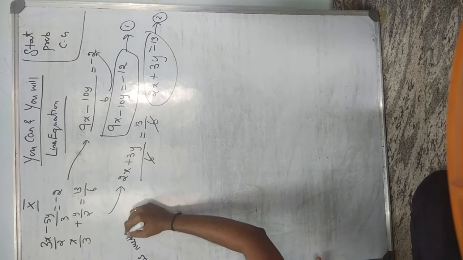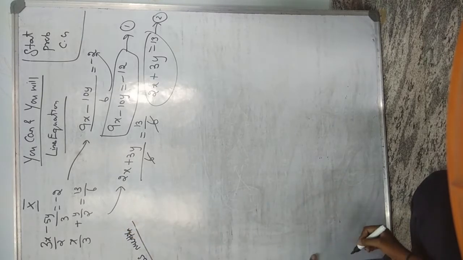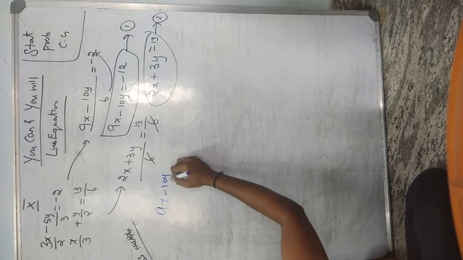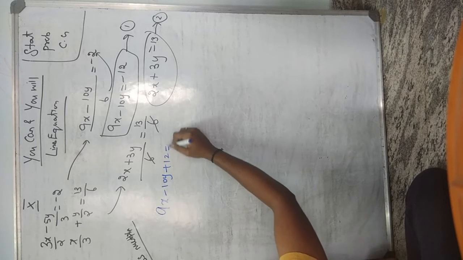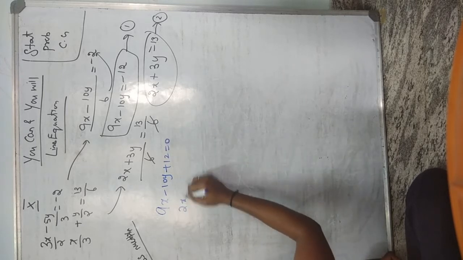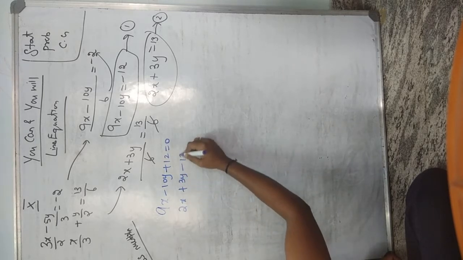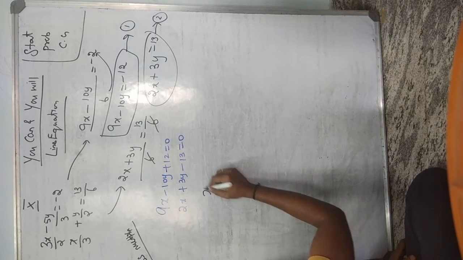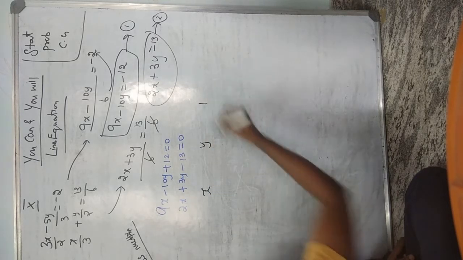Cross multiplication method. What I told you is that you have to change the equations, that is 9x minus 10y plus 12 equal to 0, 2x plus 3y minus 13 equal to 0. You have to write equal to 0. Next, I said cross shortcut x, y, 1.